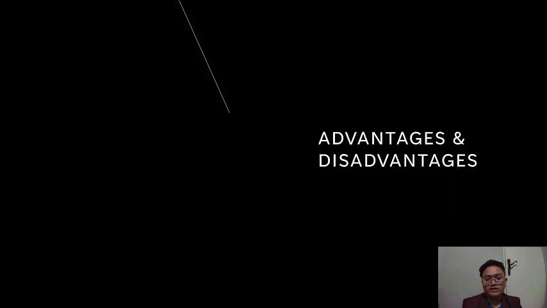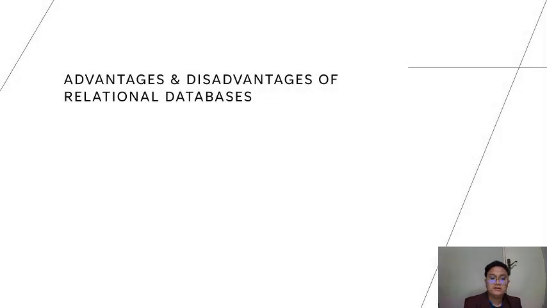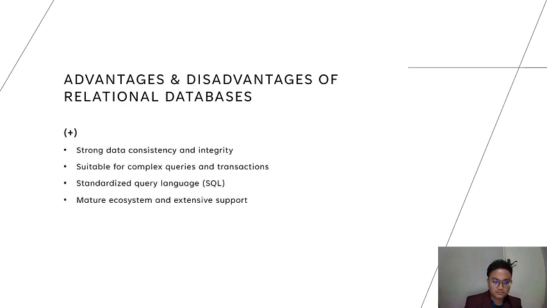Next up, we'll see the advantages and disadvantages of both. We'll start with the relational databases. The first advantage of SQL databases is that it has strong data consistency and integrity. It is also suitable for complex queries and transactions. It has a standardized query language, which is called SQL or Structured Query Language.